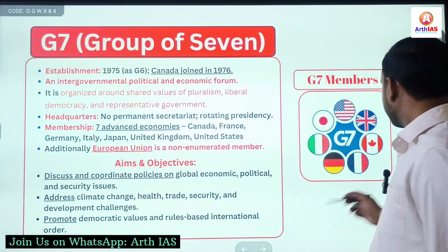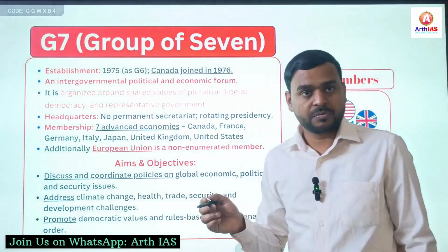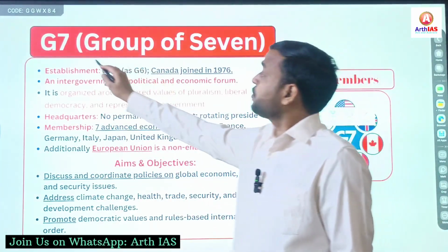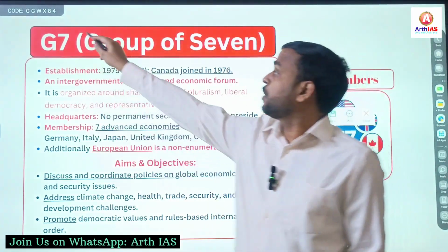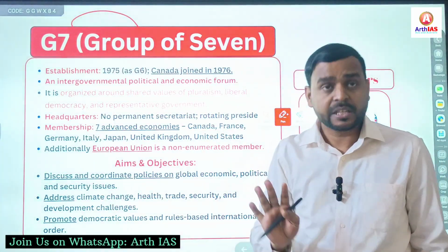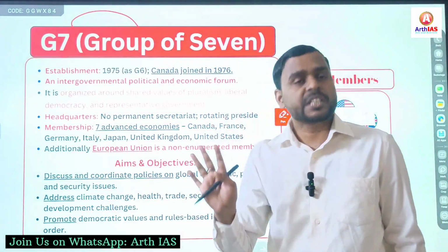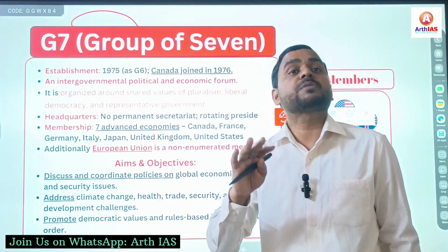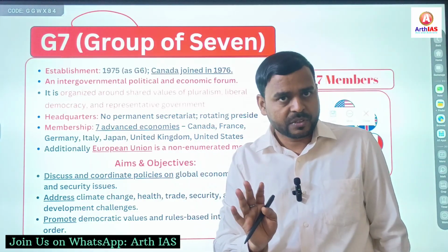Next, G7. Again, very important, right? So G7, full form G for group and 7 means 7 member countries. Initially it had only 6 members, and that time it was called G6, right?